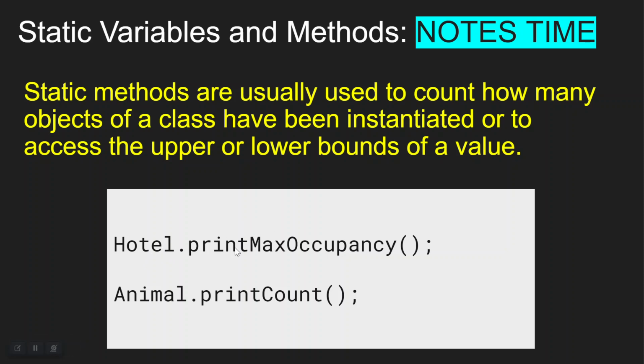And so if I wanted to print it, I could create a static method to print that static variable. And the same thing is true with the Animal class. If you wanted to print the count, you could create a static method that is printing the static count variable there.